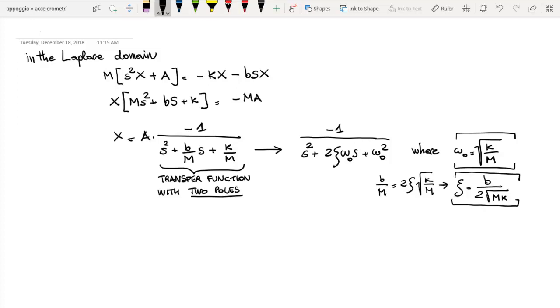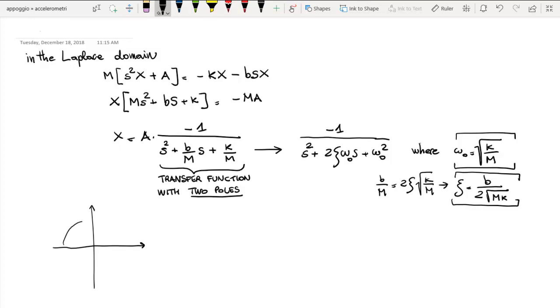If you remember something from the analysis of polynomials, this omega 0 is the modulus of the poles. If b is sufficiently small, the poles are complex conjugate, and omega 0 is the modulus of the poles.